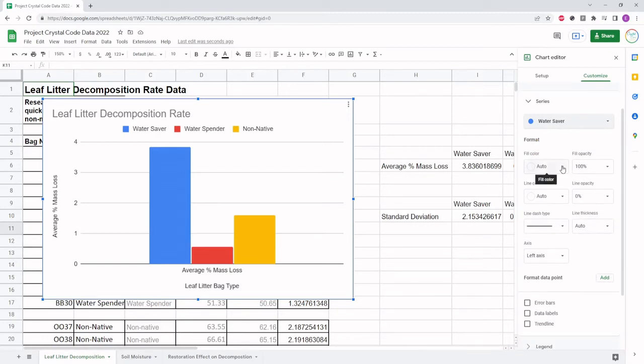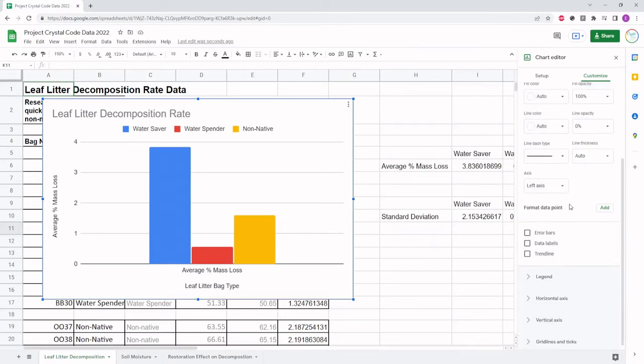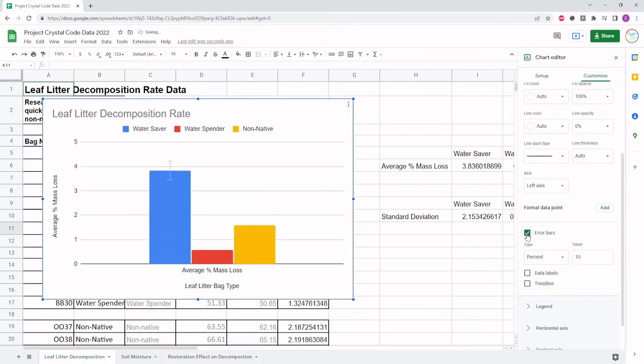And to add a standard deviation, we're going to essentially add what Google Sheets considers an error bar. So I'll go ahead and click on this checkbox for an error bar. The next thing I need to do is go over to percent, and instead of percent, we're going to write in the constant.